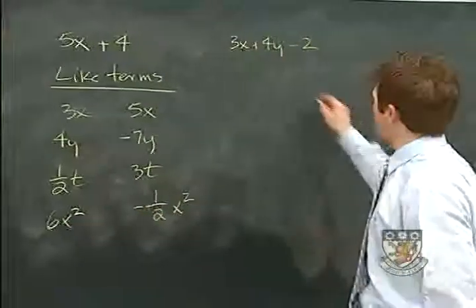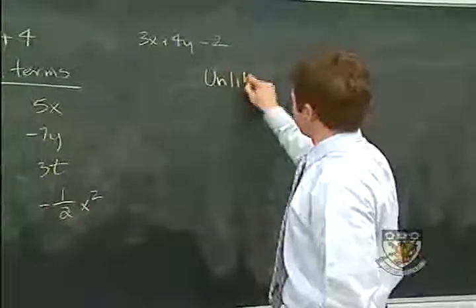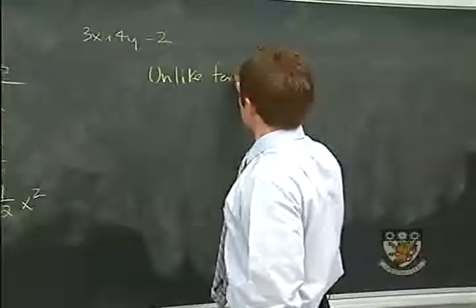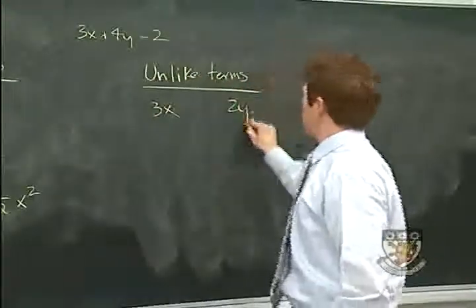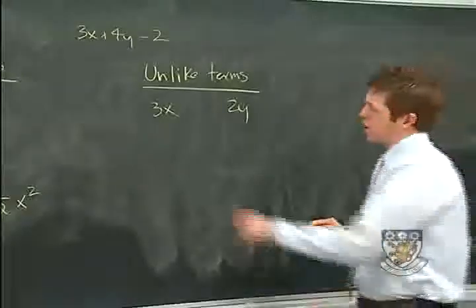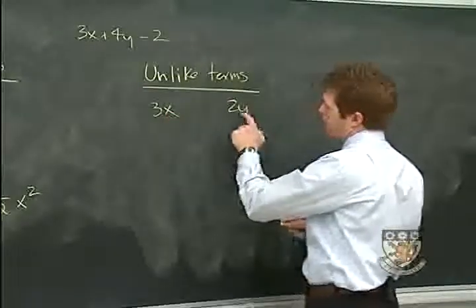Now let's look at some unlike terms. 3x and 2y are unlike terms because the variable for this one is x, the variable for that one is y.